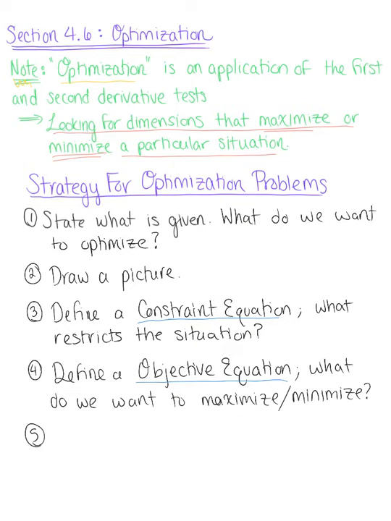So in step 5, when applicable, we can use the constraint to rewrite the objective in terms of one variable and find the critical values. So we can rewrite that objective equation in terms of one variable.